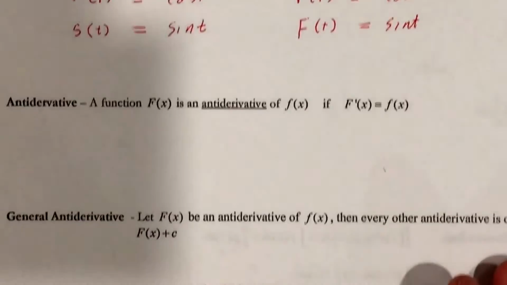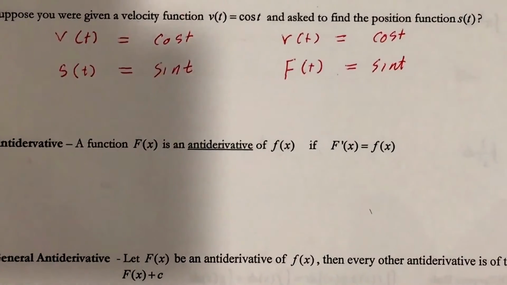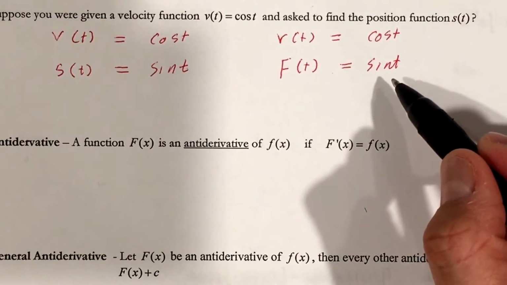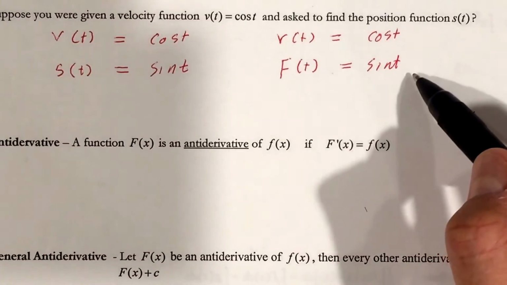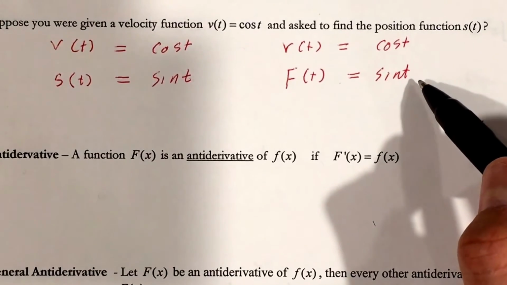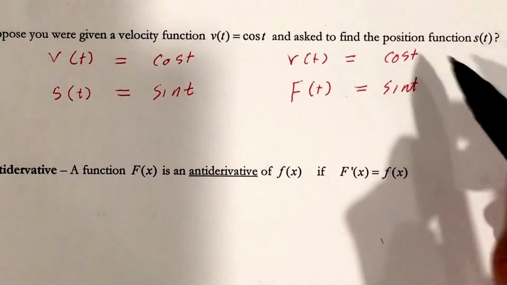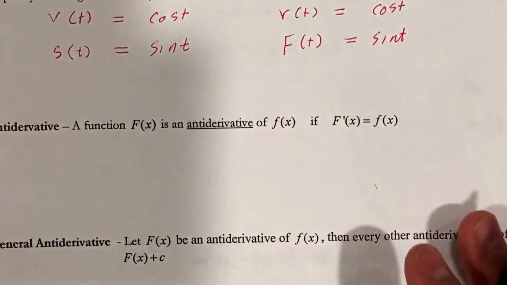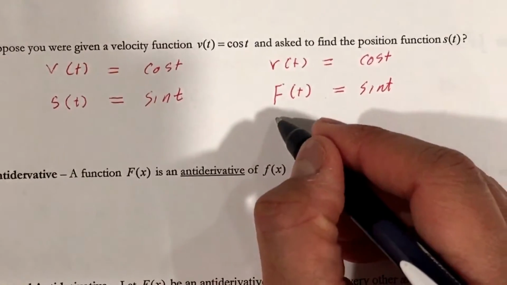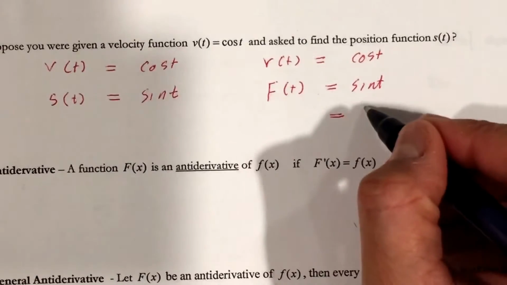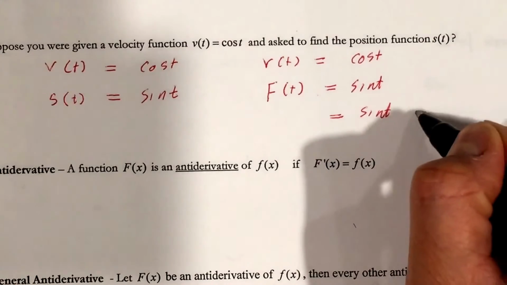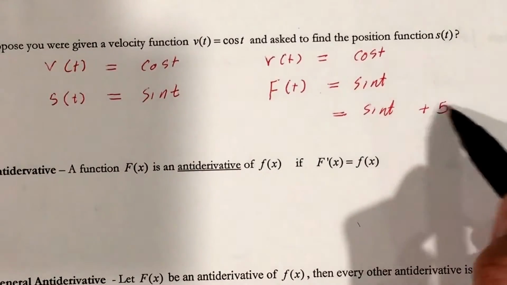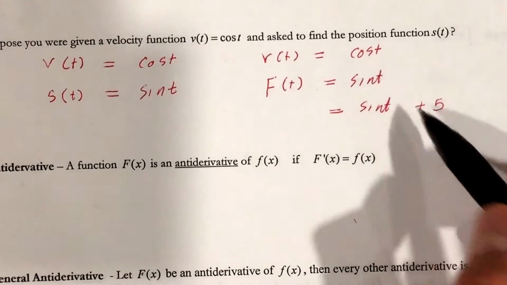Now, here is another question. Is it possible to find another antiderivative function whose derivative is cosine? And the answer is yes. And it turns out that there are plenty of them. For example, if your big F equals, say, sine of t plus 5, isn't the derivative of this equal to cosine?